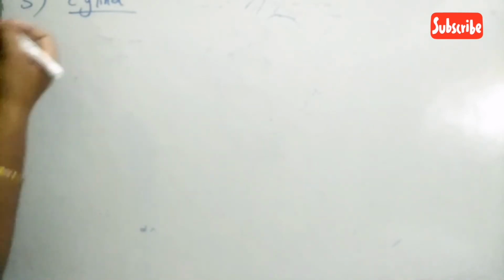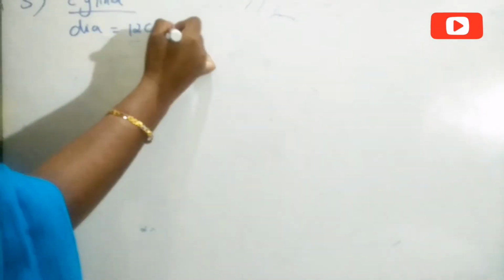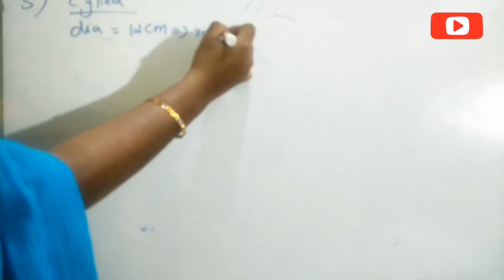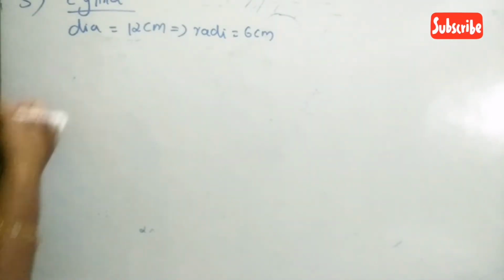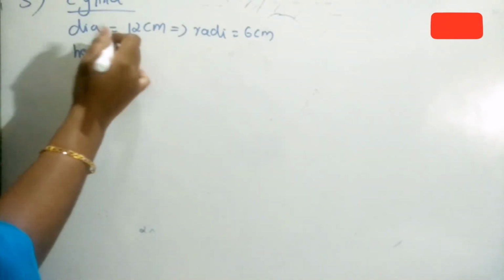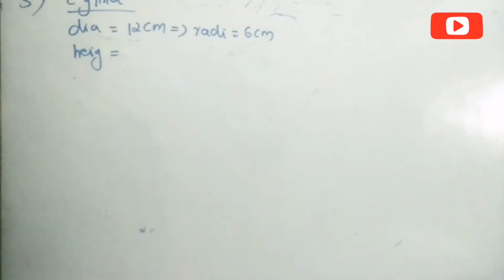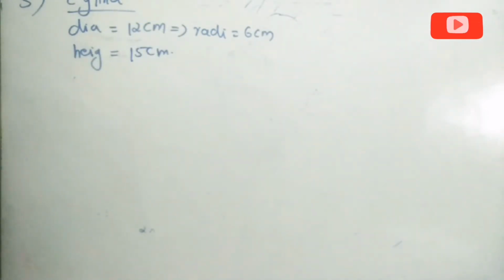The diameter is equal to 12 centimeter, so the radius is equal to 6 centimeter. The height of the cylinder is 15 centimeter. It is full of ice cream. The ice cream is to be filled into cones.